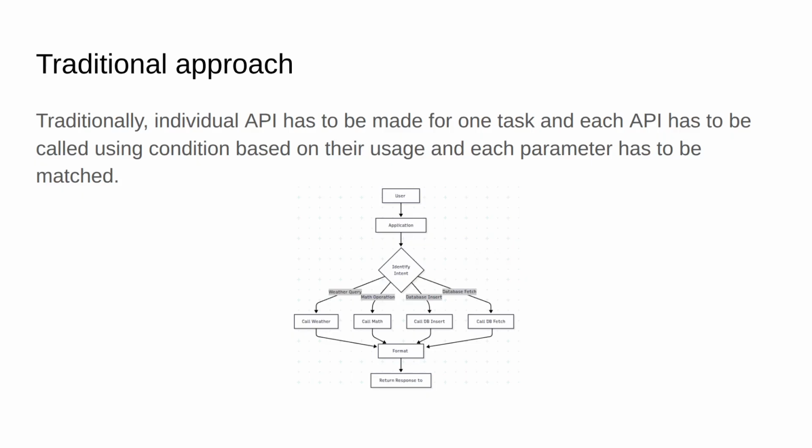Then, inside your AI application, you would write manual logic and conditions such as if the user asks for weather, call the weather API. If the numbers are provided, call the math API. If the database data is given, call the insert function or the API. If a query is given, call the fetch function or the API. You would also need to match exact parameters, handle different API formats, and maintain all integration manually.